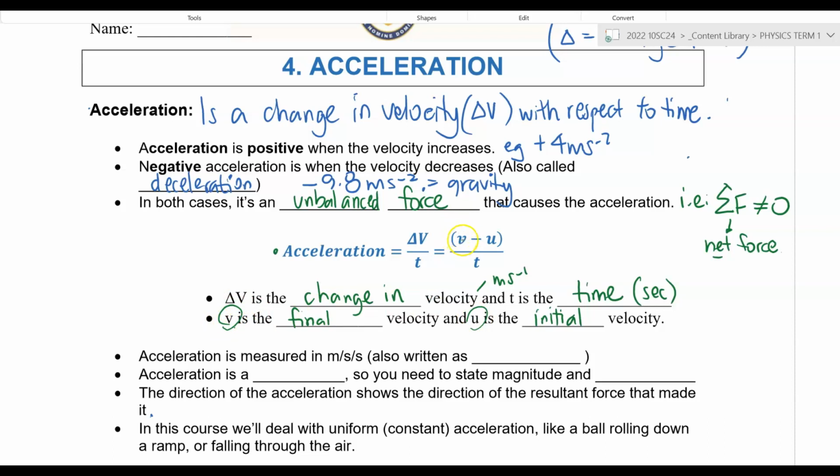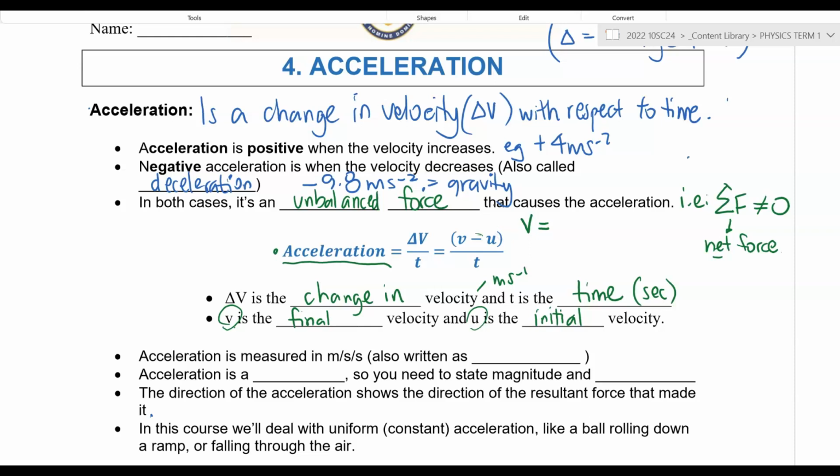What V take U means is, what is it now compared to what it was when you first started measuring? All right, that's that V take U. Now, of course, we can manipulate this formula. As it is written there, acceleration is your subject, but we can tweak that and make our final velocity the subject. Put a little arrow there.